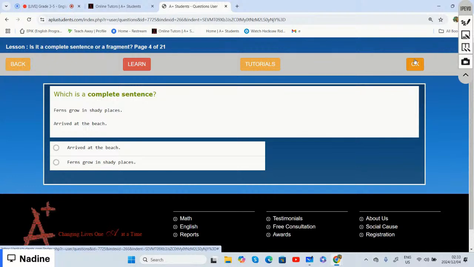All right. And we need to select now the complete sentence. Remember, a complete sentence has both a subject and a verb.